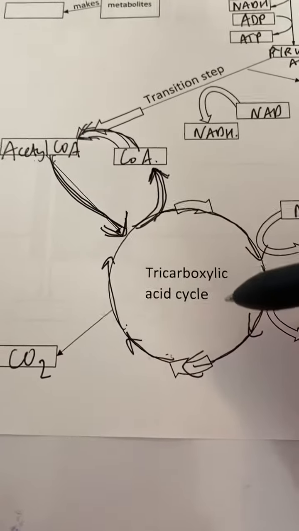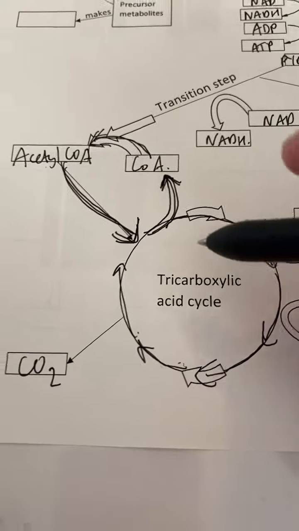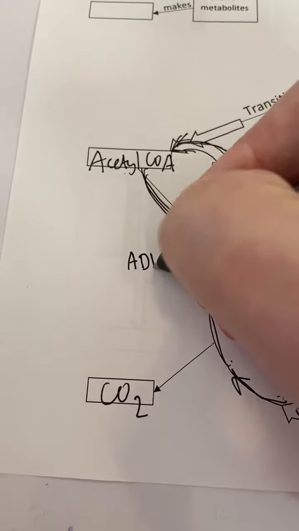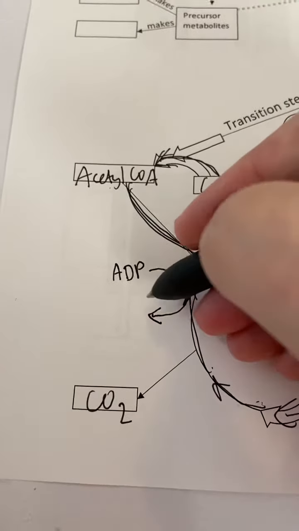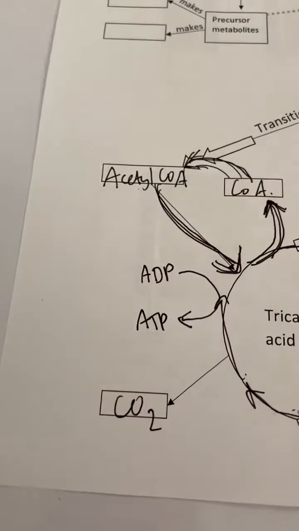Now let's add another part to our reaction here, because the tricarboxylic acid cycle also makes a little bit of ATP, again by this mechanism of substrate level phosphorylation. So we can represent an ADP coming in, having that third phosphate added and leaving as ATP.